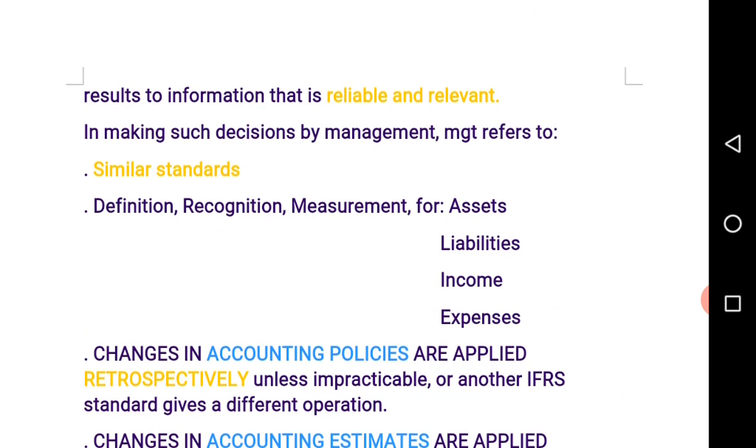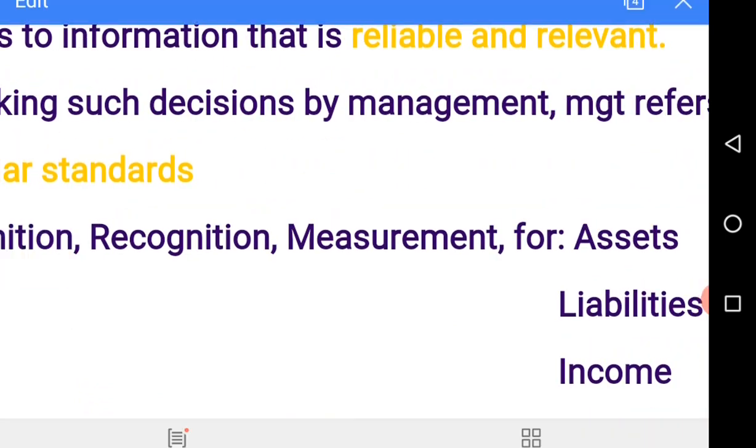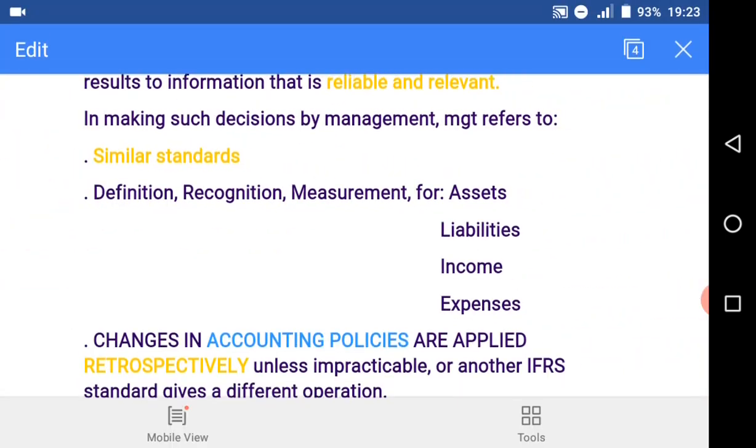So now it says changes in accounting policies are applied retrospectively unless impracticable, or another IFRS standard gives a different operation. So we have policies applied retrospectively, and we would emphasize more on retrospectively as we go on with the class here.